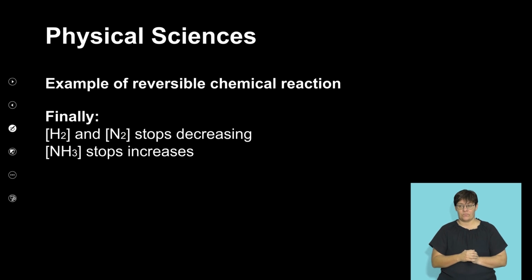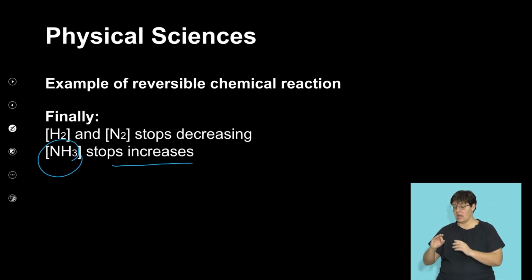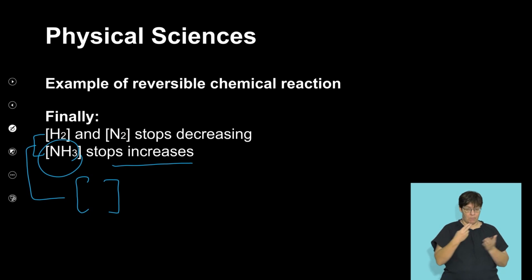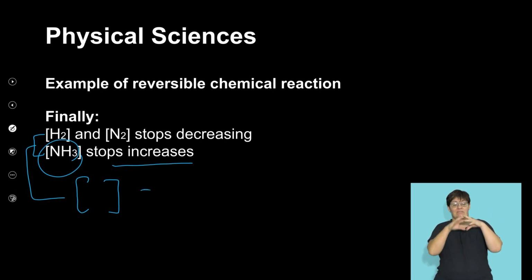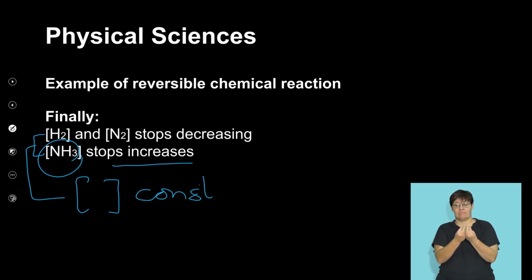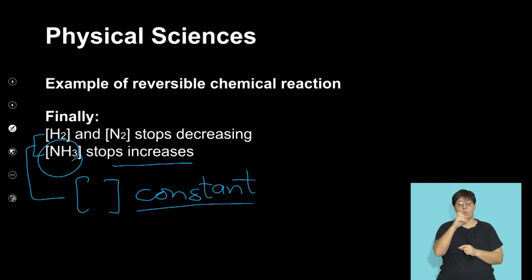Then at the end, finally, our hydrogen and our nitrogen stop decreasing. Our ammonia stops increasing. So what happened here is for both the forward and the reverse reaction, the concentrations of everything become constant. Not the same, the word is constant.